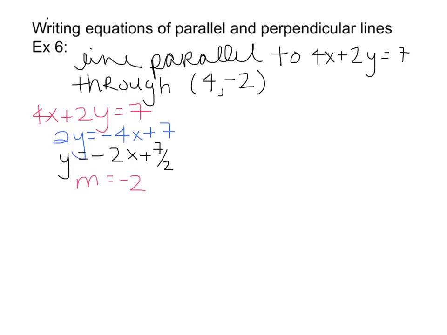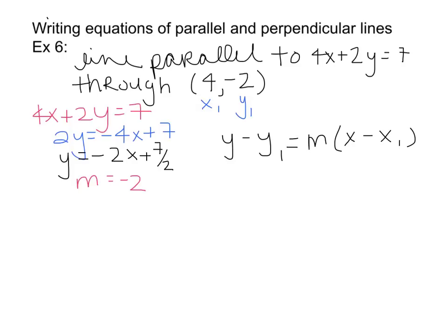You don't care about the 7/2 at all because you want it to go through this new point (4, -2). Since we're talking about parallel lines, we are going to use the exact same slope. And since it gives me this point, (4, -2), we are going to start by using point-slope form because we know a slope and we know a point. So let's plug in y1 and x1.